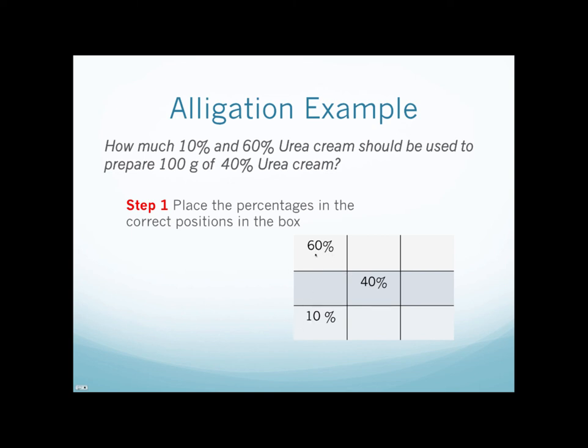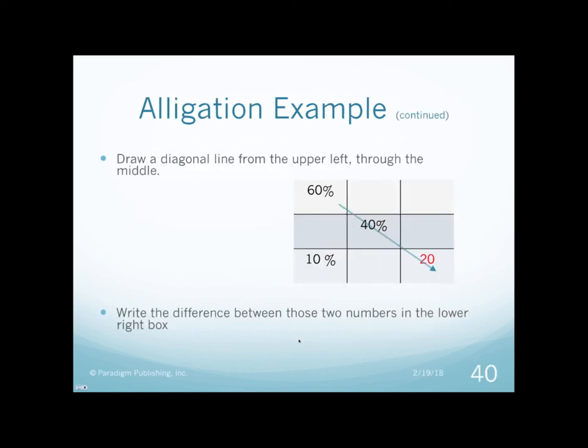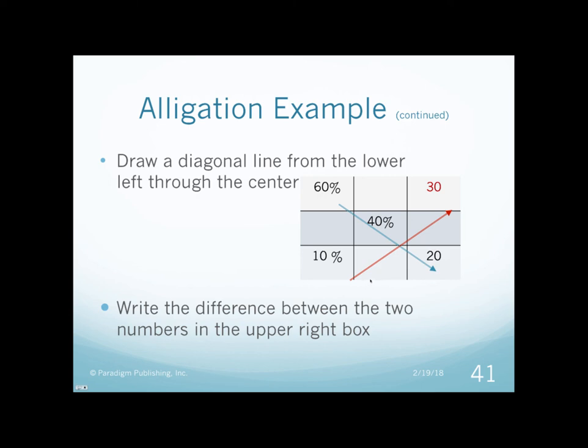The numbers have to be that way for this to work. Then I draw a diagonal line. 60 minus 40 is 20, and I write that in the box. Then I do the same thing on the other side. Draw another diagonal line. The difference between 40 and 10 is 30, and I write that in the box.